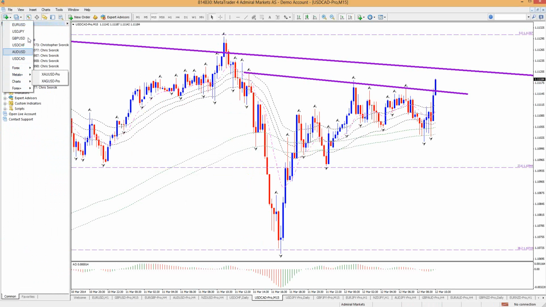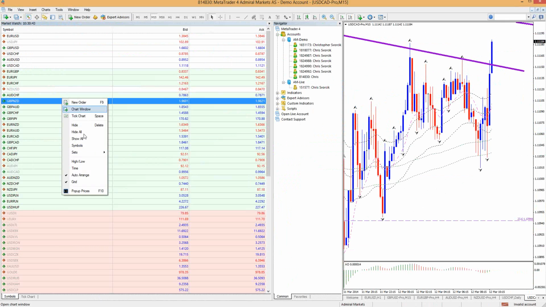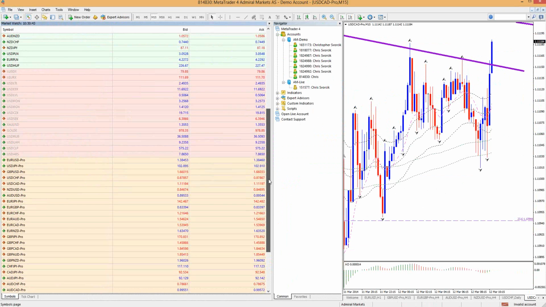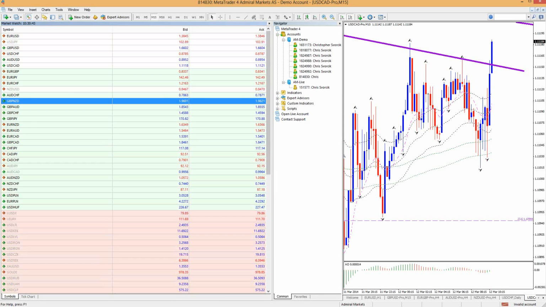No, I don't see it. Maybe Market Watch, possible indeed. Let's see. Still don't see that particular pair.